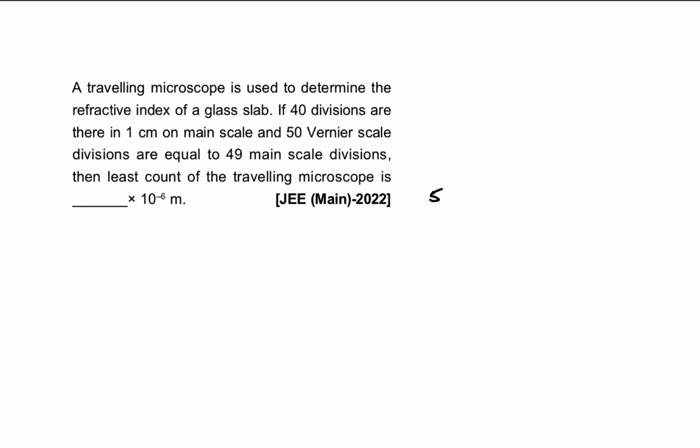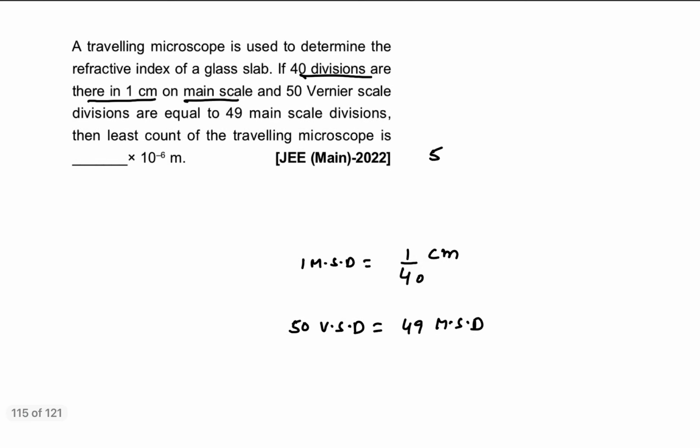Next one. A traveling microscope is used to determine the refractive index of the glass slab. If 40 divisions are there in 1 centimeter on the main scale, 1 main scale division is equal to 1 by 40 centimeters. Next, 50 vernier scale divisions coincide with 49 main scale divisions.